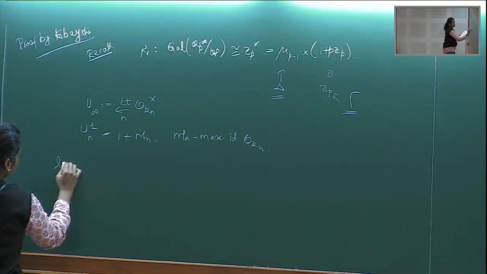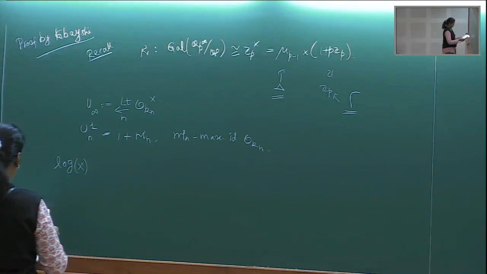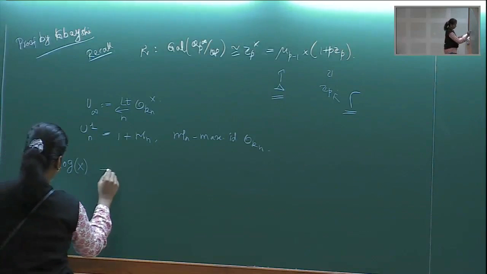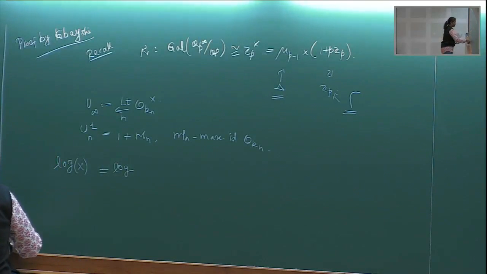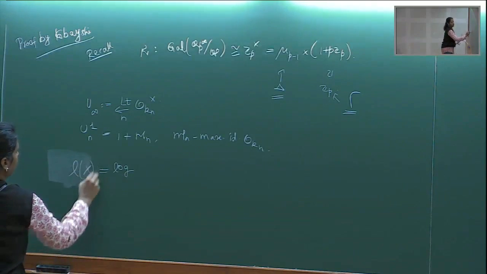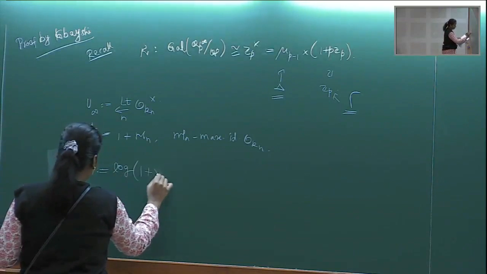And consider the logarithm map, given by the power series. I will follow yesterday's notation. I will write simply L of x because yesterday I defined L of x. So this L of x, the logarithm map, is defined by log of 1 plus x.